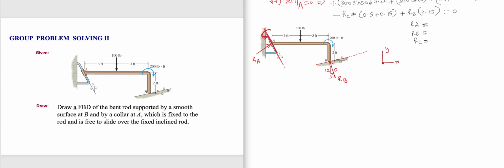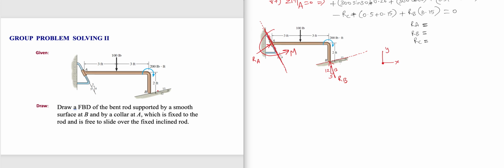That means it has a moment reaction there, because the purpose of the collar support is that it will not allow the bent rod to rotate, and it will not allow the bent rod to move along the RA direction, but it freely allows the rod to translate along a direction perpendicular to RA here.